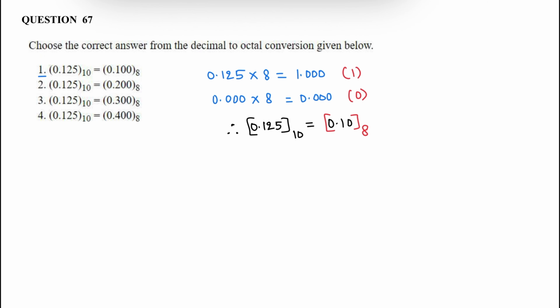Question number 67. Choose the correct answer for the decimal to octal conversion given below. Option 1, 0.125 base 10 is equal to how much? Here the fractional part 0.125 is given. 0.125 into 8, because it is octal conversion, its value is 1.000. Taking the remaining decimal part, 0 into 8 is 0.